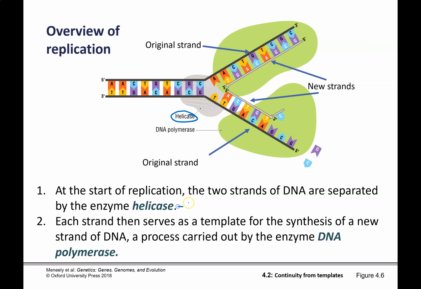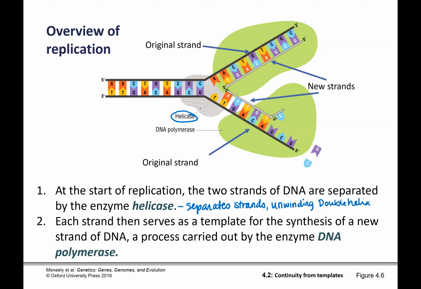We call it helicase because it separates our strands, essentially unraveling or unwinding the double helix. Now we have another molecule that is also involved with this double helix. In a few minutes, we'll talk about that. But first we need to pull apart our strands using helicase. And then each strand is now open to act as a template for our new strand of DNA.